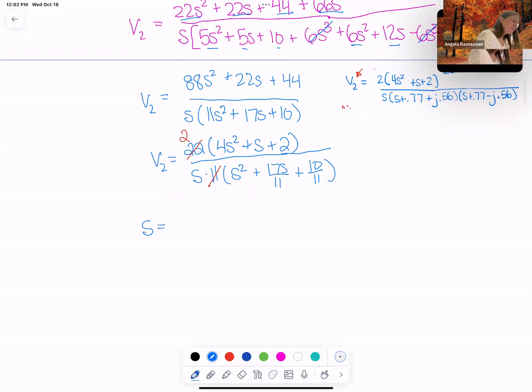This is going to be s is equal to minus 17 over 11.